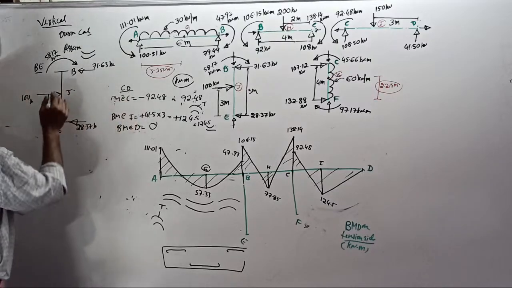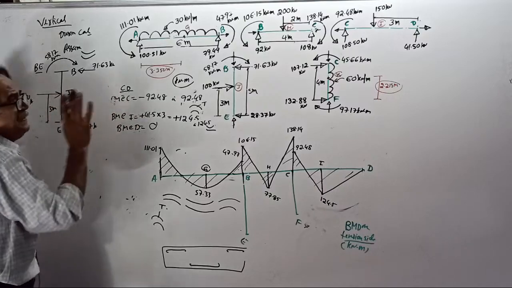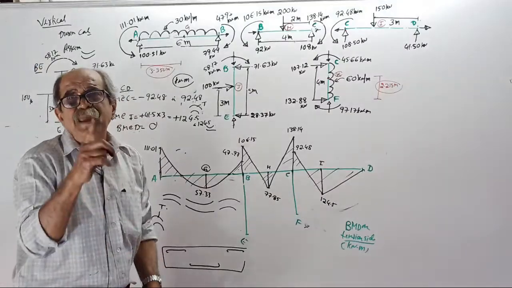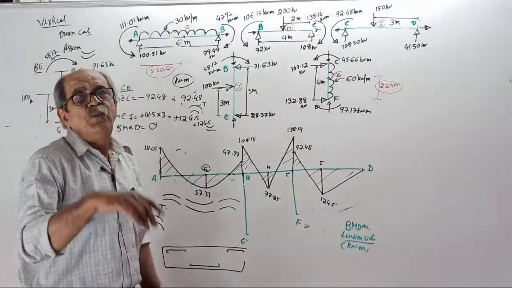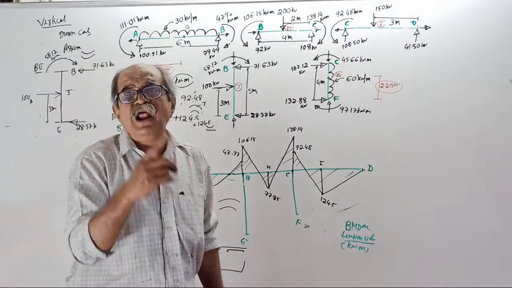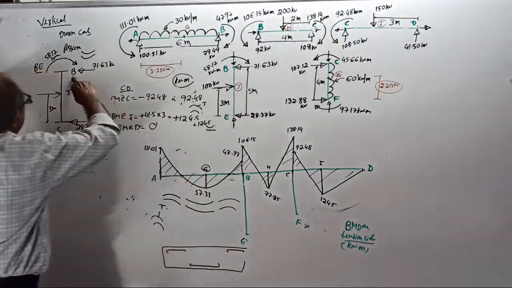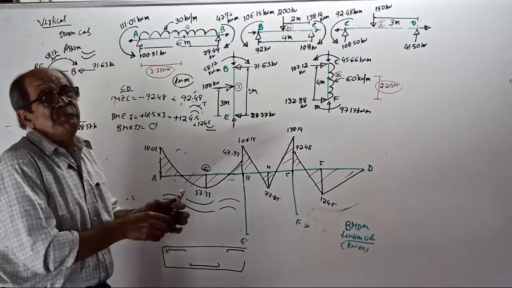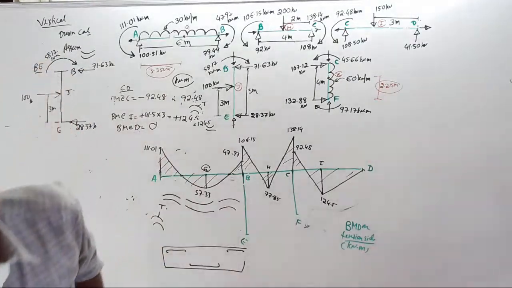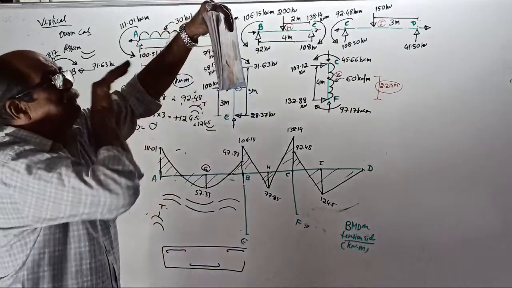Now do one thing. Tell me, if you imagine the column to be like a beam, if it is a simply supported beam, will it bend inwards or outwards? Don't think of a fixed beam, imagine a simply supported beam. Apply load here.